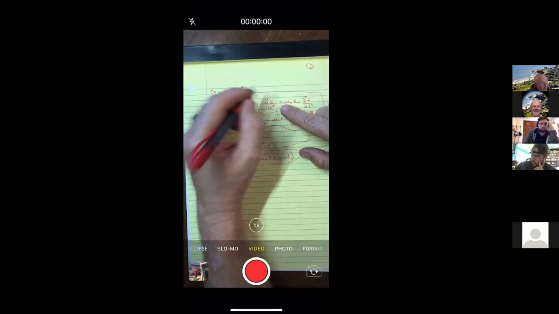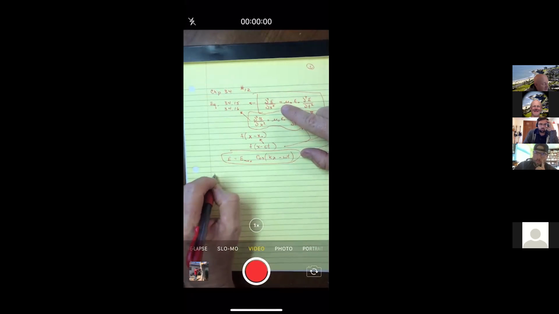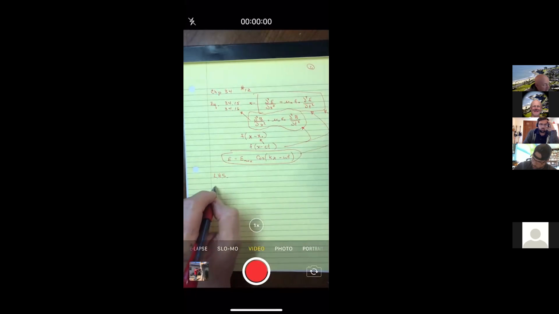So let me do the left-hand side of the equation. The left-hand side says if you take the derivative twice, what do you get? So let me take the derivative twice.